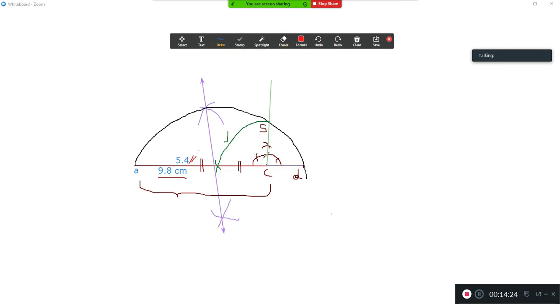That means we need to copy CS and take the measurement, and this measurement is root over 9.8, and we need to make an arc in the anti-clockwise direction, and at the point where it cuts the number line, we will say yes, this is root 9.8.